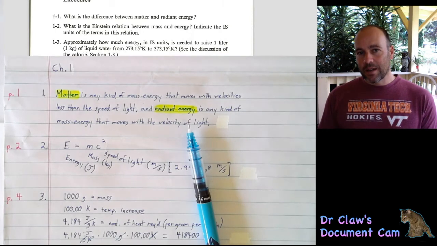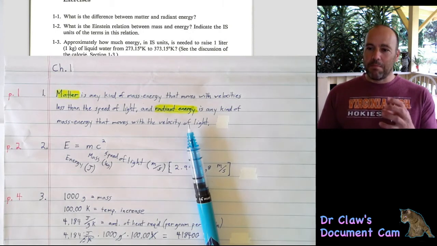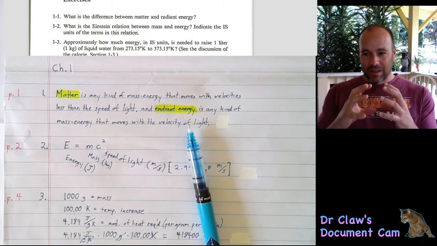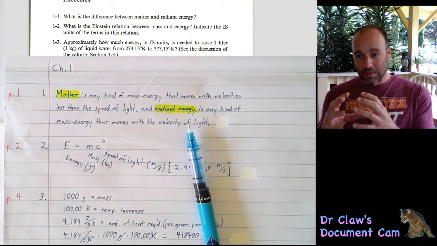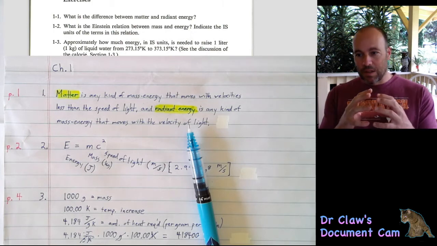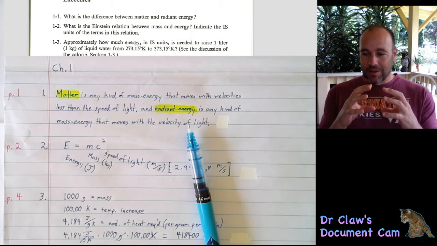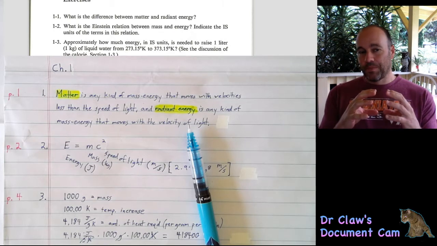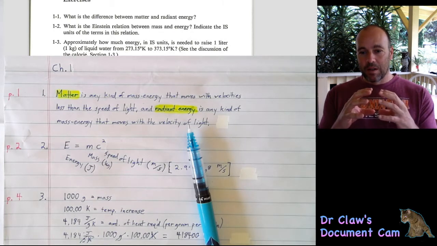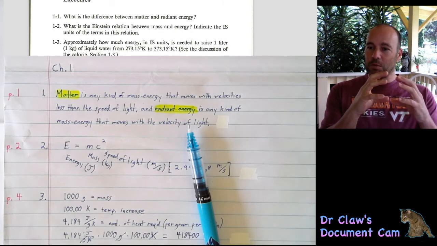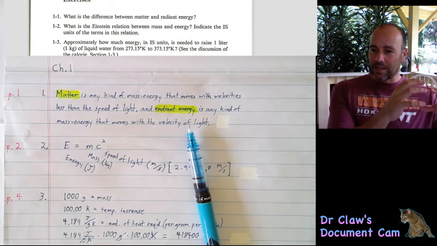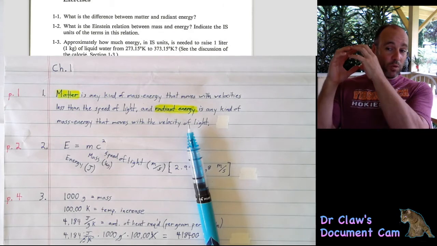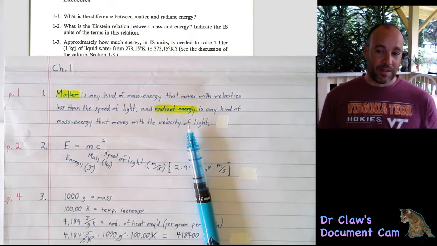So Einstein helped us understand that mass and energy are really the same thing. Okay? So you can convert mass to energy, you can convert energy to mass. Okay, so the difference between matter and radiant energy is that matter is this mass energy that moves with velocities less than the speed of light, while radiant energy is mass energy that moves with the velocity of light.